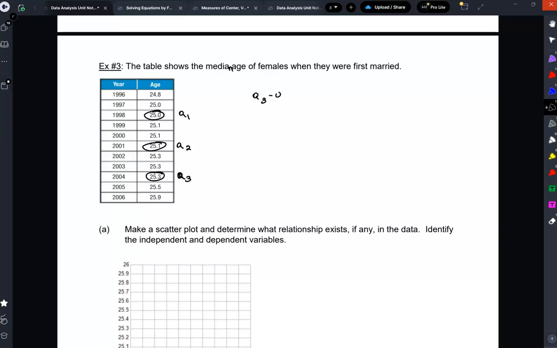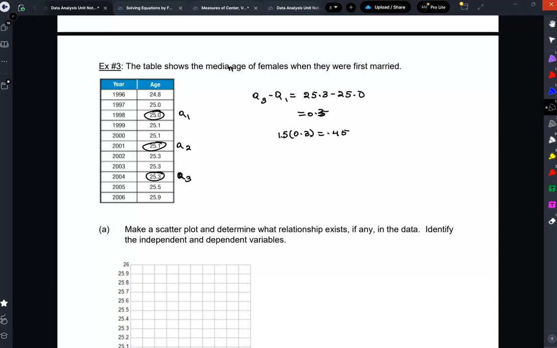So the interquartile range is 0.3. So 1.5 times 0.3 is how much? 0.45.